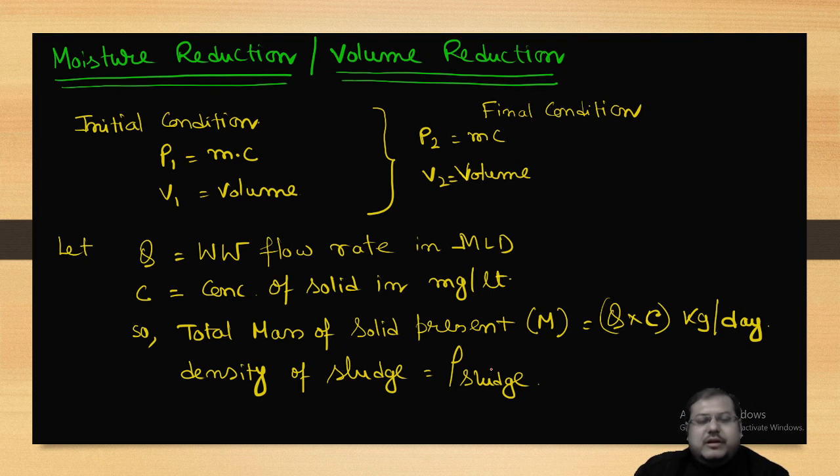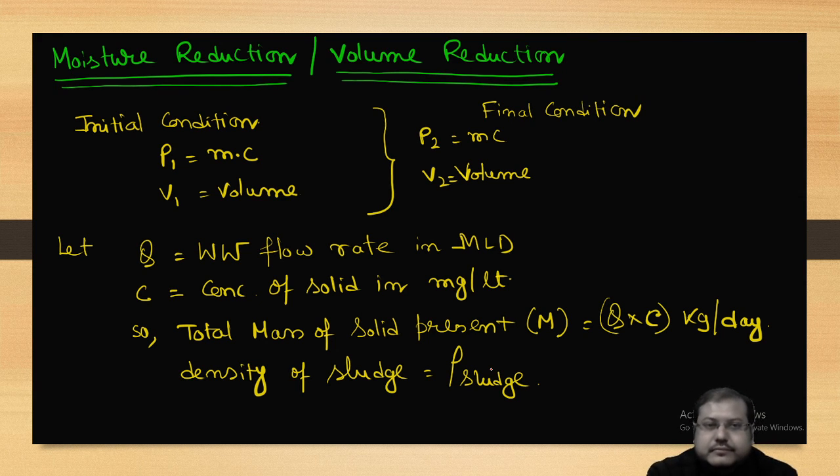So what is the total mass of solid present? That is equal to Q into C kg per day, because it is the multiplication of MLD into milligram per liter, and the density of sludge is taken as rho sludge.